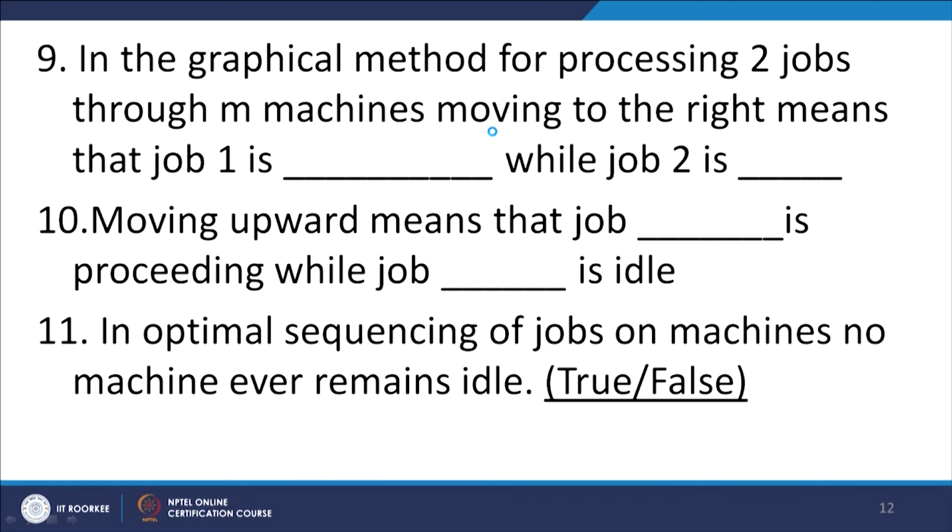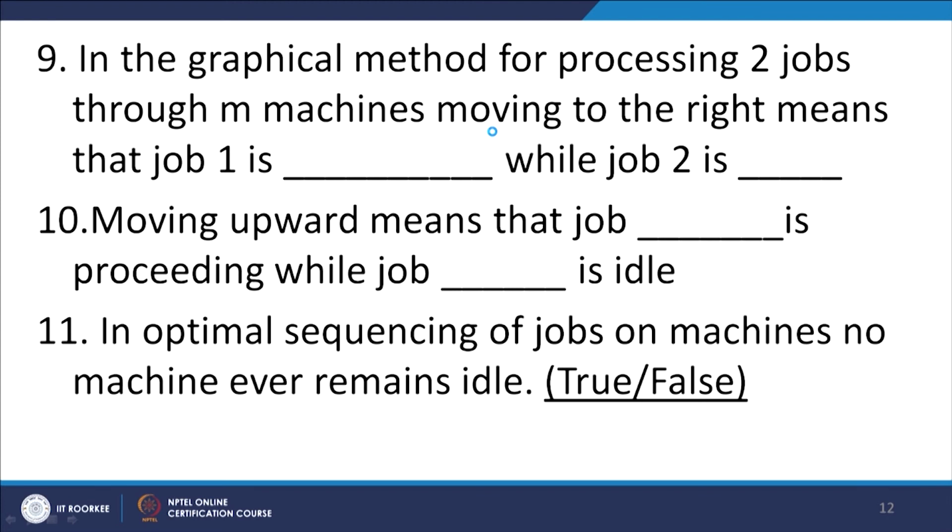Question number 9. In the graphical method for processing two jobs through M machines, moving to the right means that job 1 is dash while job 2 is dash.